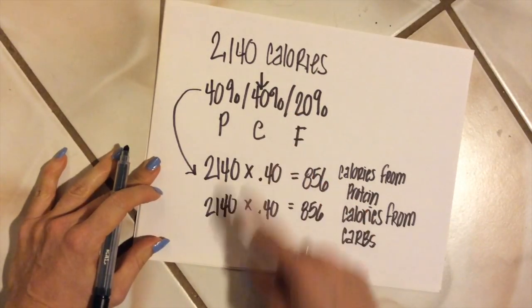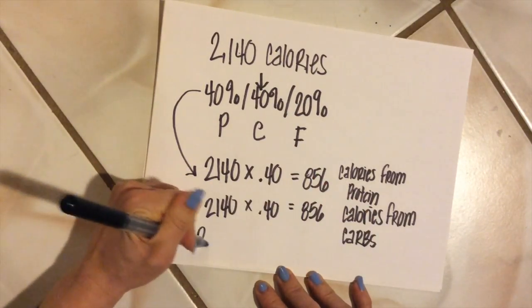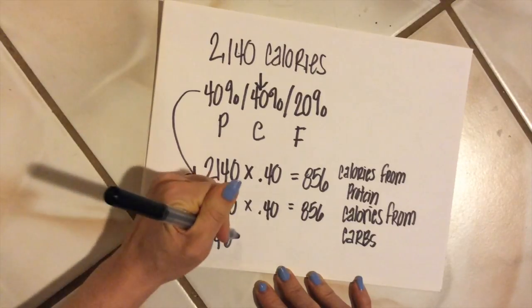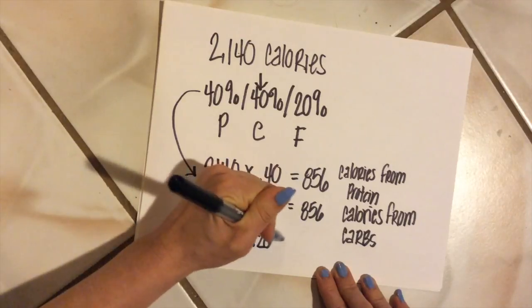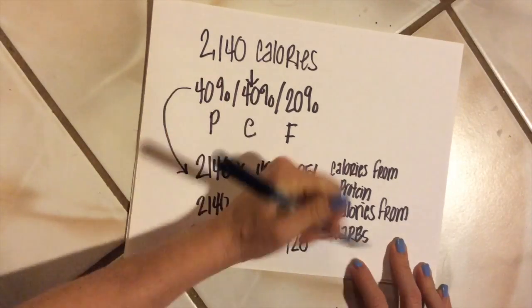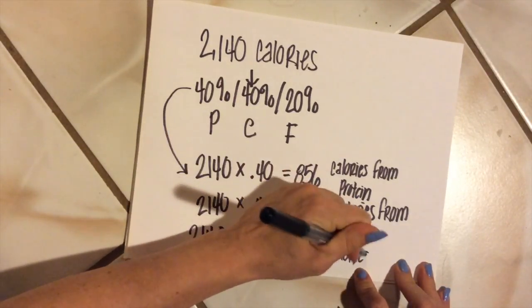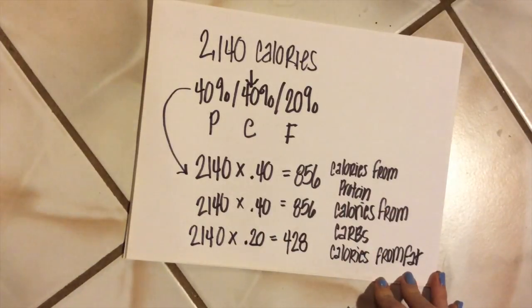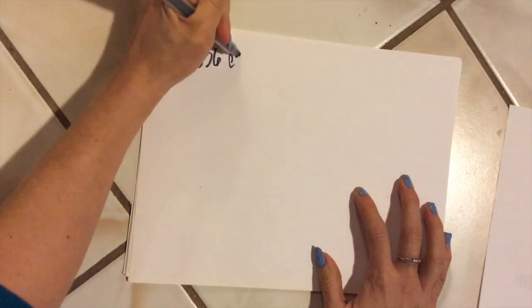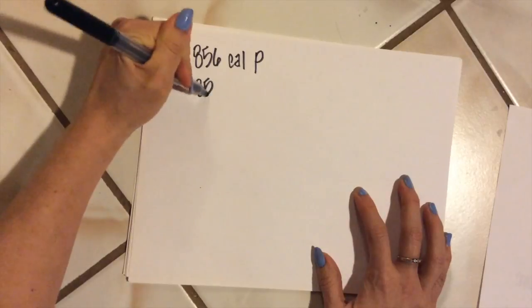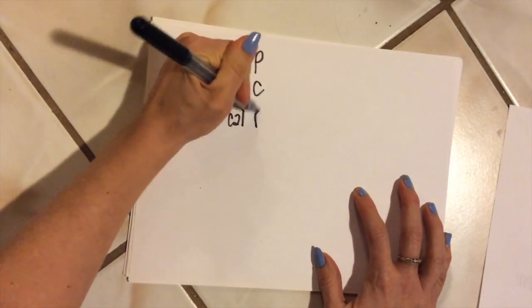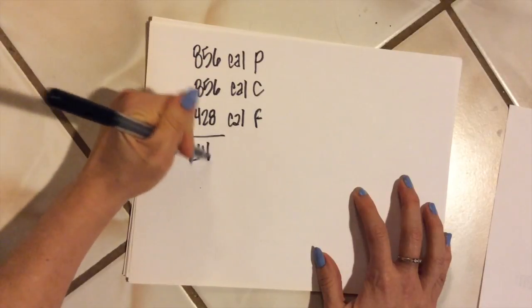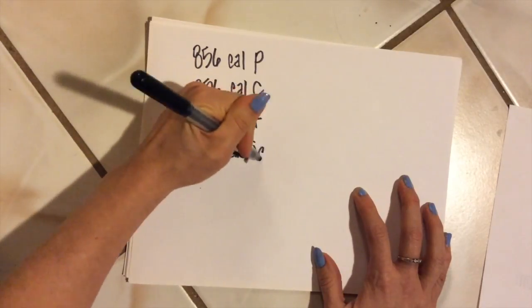We're going to find fat, and we're going to take 2,140 calories times the decimal conversion of 20% to 0.20, which gives us 428. You can check your work very simply. Just add up all of the calorie numbers for protein, carbs, and fats, and that should definitely equal your calorie count that you started with.